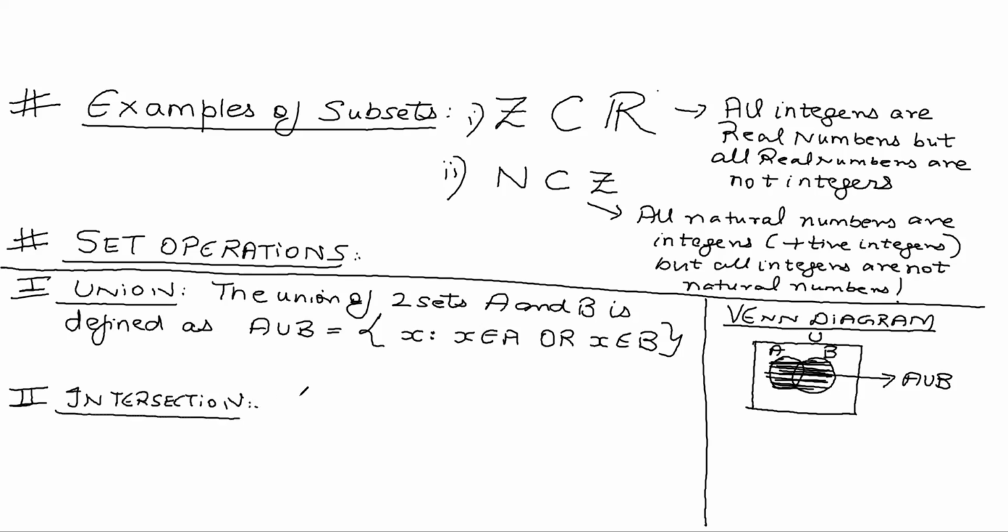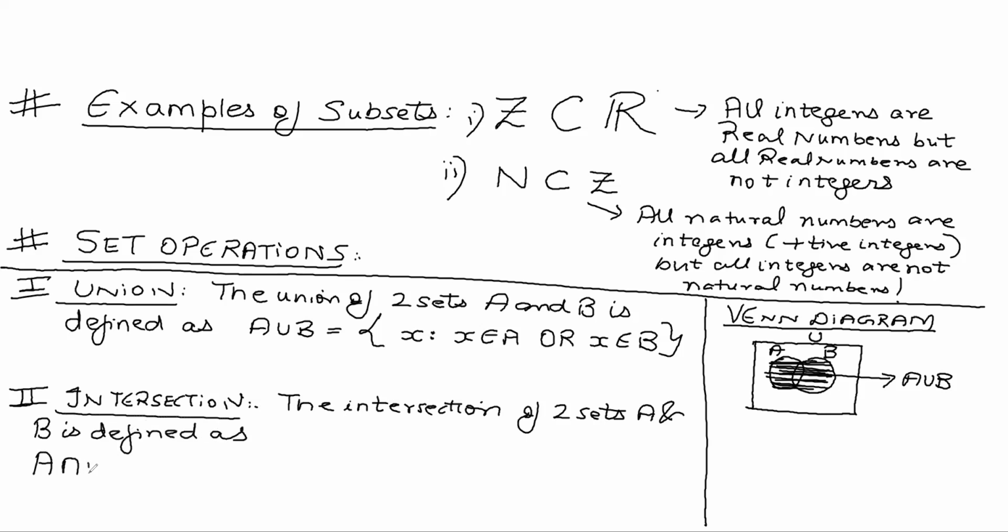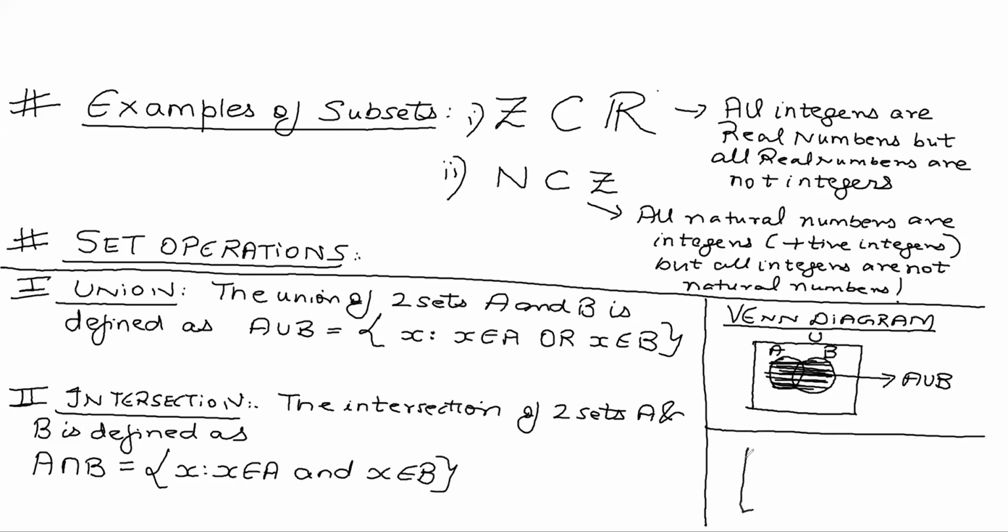So the intersection of two sets A and B is defined as A intersection B is the set of all x such that x belongs to A and x belongs to B. So if I draw the Venn diagram for this, universal set, now it should belong to A and B both.